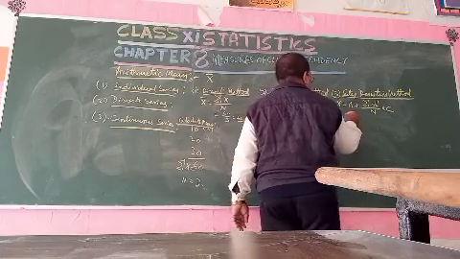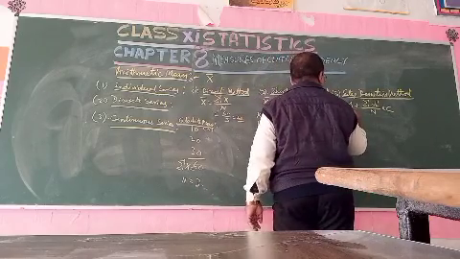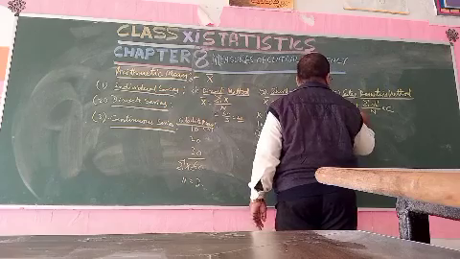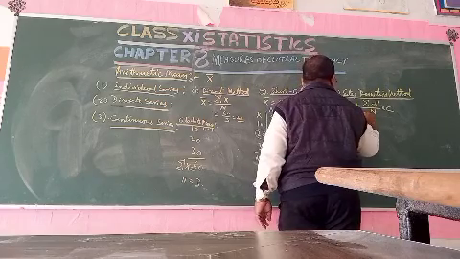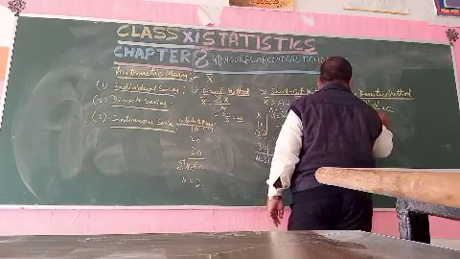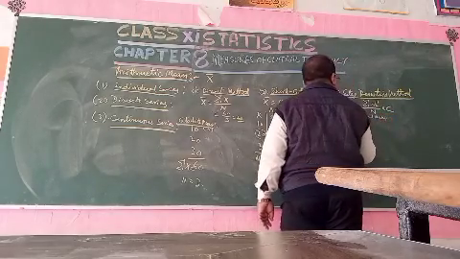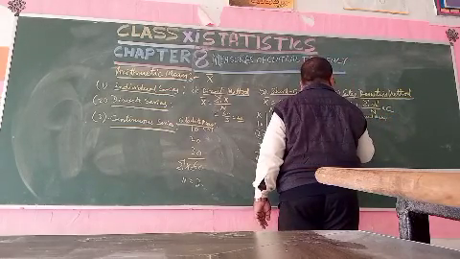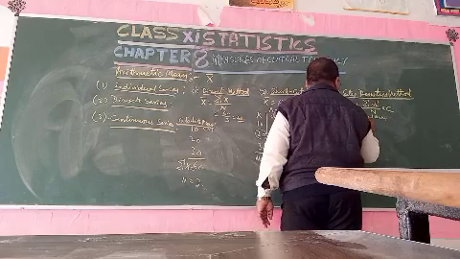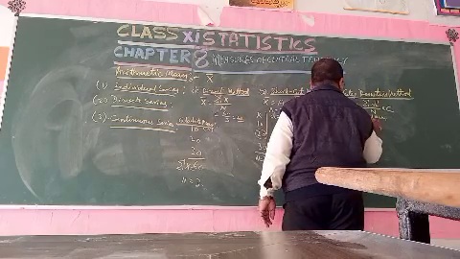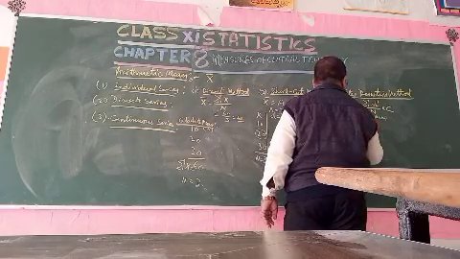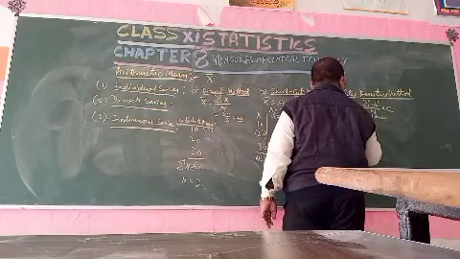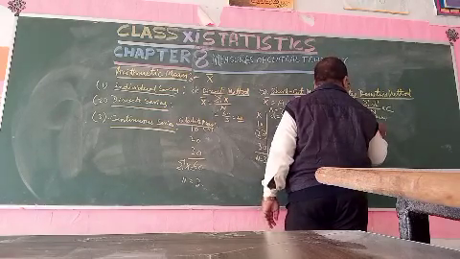Here a stands for assumed mean and d dash is equal to x minus a by c.